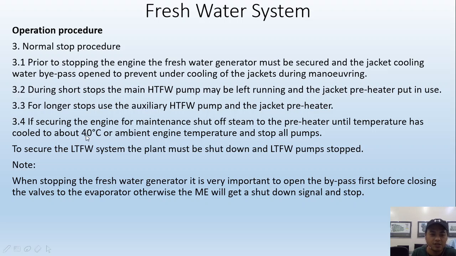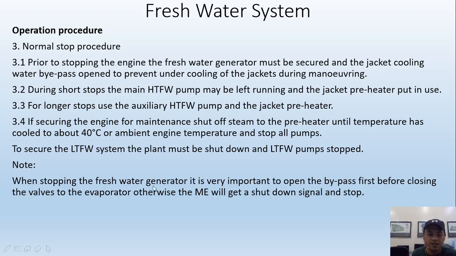To secure the low temperature pressure system, the plant must be shut down and pumps stopped. Okay, note, before you stop the freshwater generator, bypass mo muna before closing the valve of the evaporator. Otherwise, the main engine will get a shutdown signal and stop.